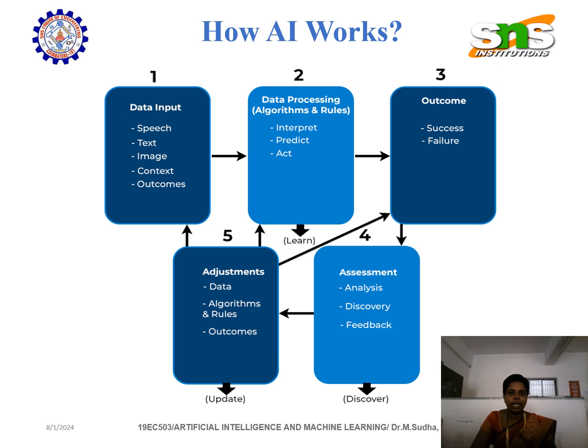Now in this video, we are going to discuss the working principles of AI, how AI works. It is like normal systems, with a 5-stage process. In stage 1, we have the data inputs. Data inputs consist of speech, text, image, context, and outcomes.